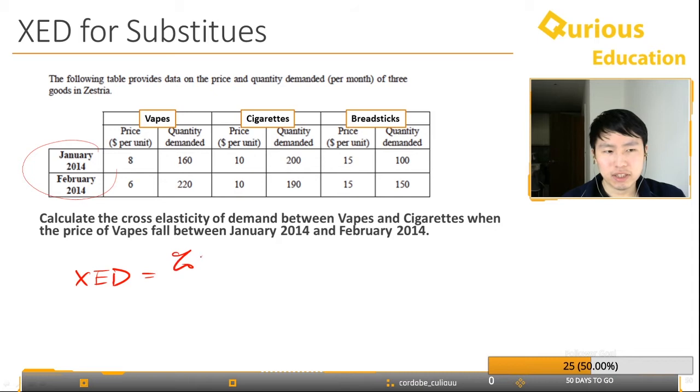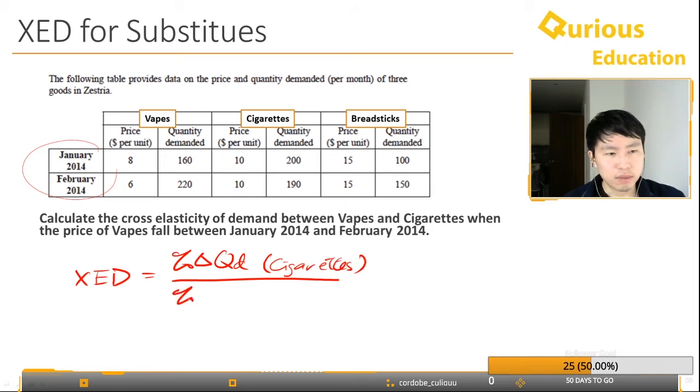XED is the percentage change in quantity demanded for good A. In this case, the price of vapes is falling, so vapes must be good B instead of good A, and therefore cigarettes would be good A. So cigarettes, and then there will be the percentage change in the price of good B, which is vapes.